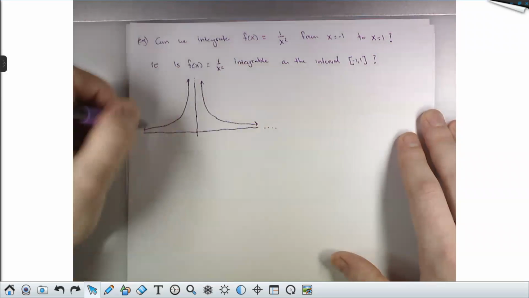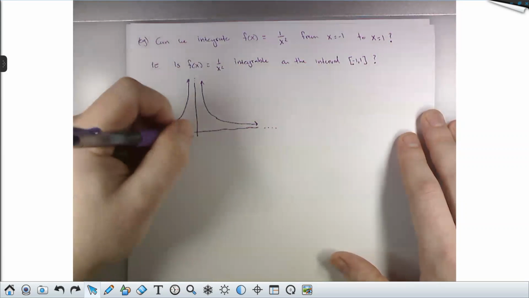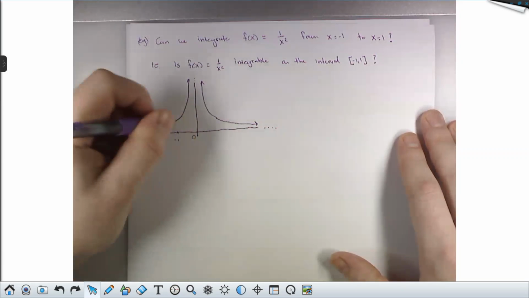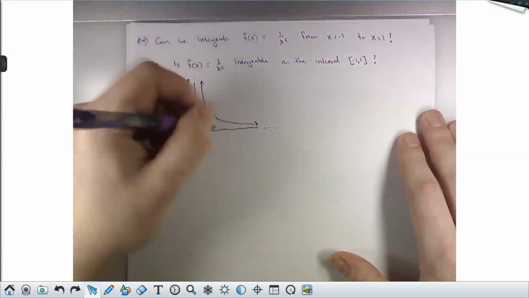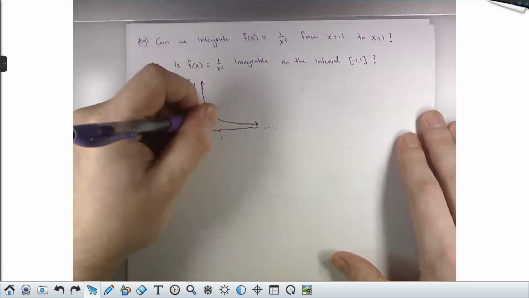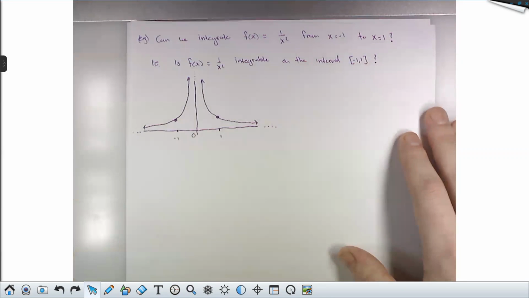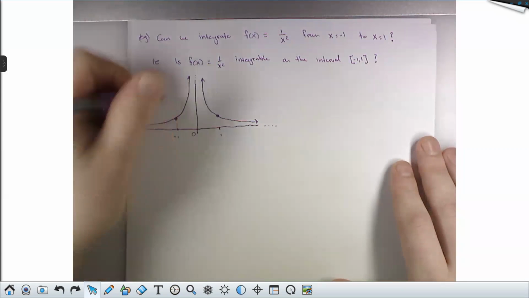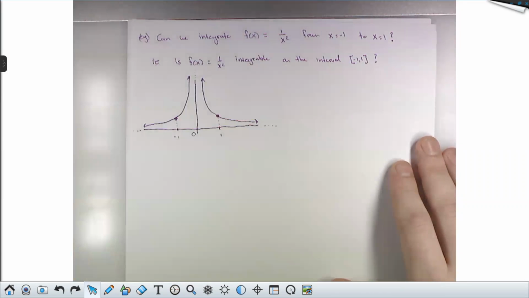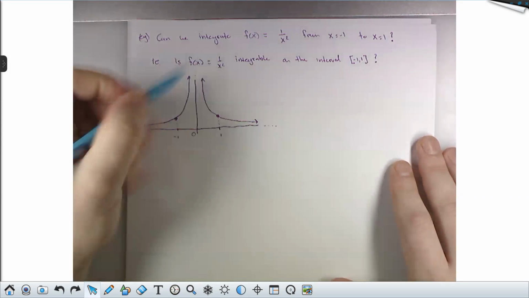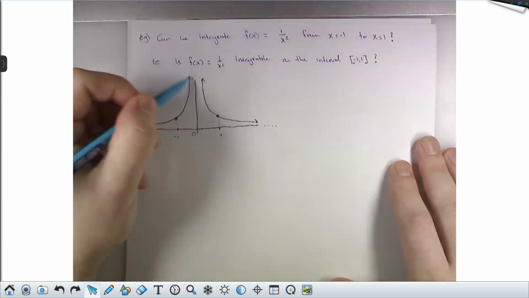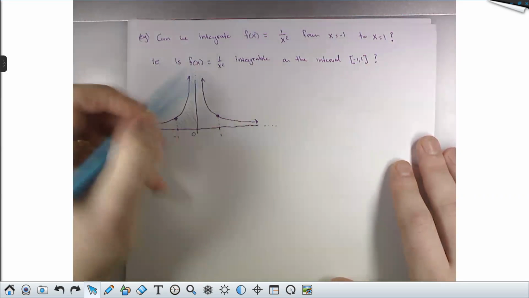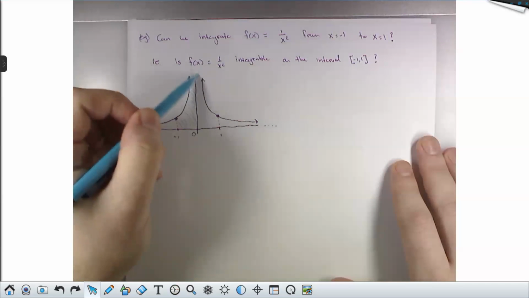It has horizontal asymptotes out here. Those aren't really consequential. 0 is here. -1 is here. This is the point -1, 1. 1 is here. This is the point 1, 1. So what I would be asking for is the signed area bounded by this function all the way through here. So kind of this area.